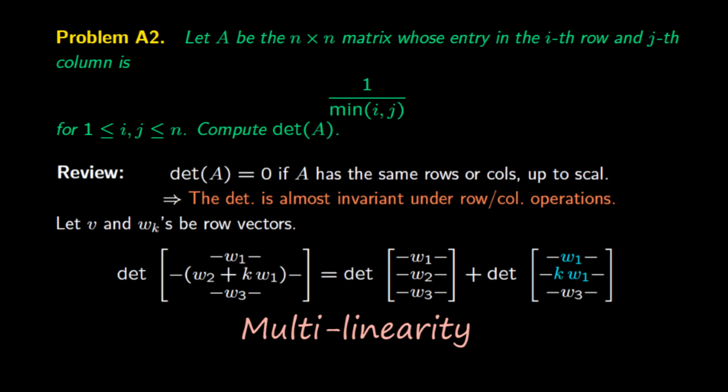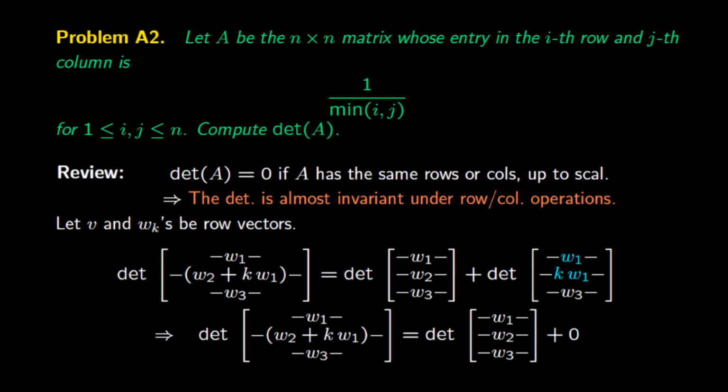If we view a matrix as a collection of column vectors, this principle applies the same way. Now the observation is that, in the second term of the right-hand side, the second row is a scalar multiple of the first row. Therefore the second term is 0. So it shows that such an elementary row operation does not change the determinant.